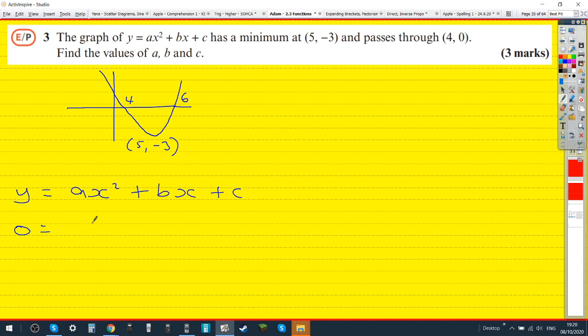So now we sub in the 4 for x. Would it be 4a, or would it just be 4? Well, it'll be a times 4 squared. So wherever there's an x, it's substituted with a 4.